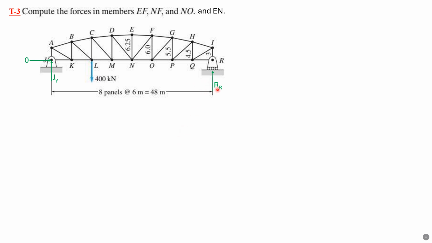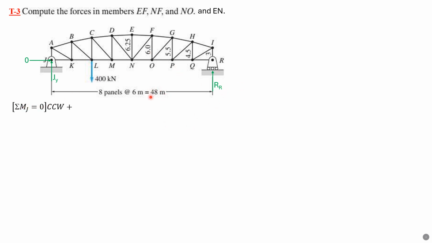So let's solve for R sub R. I plan to consider cutting section through this panel, and we consider forces to the right of that section. For the free body diagram of all other members, summation moment about J equals 0 for computing RR, counterclockwise positive.